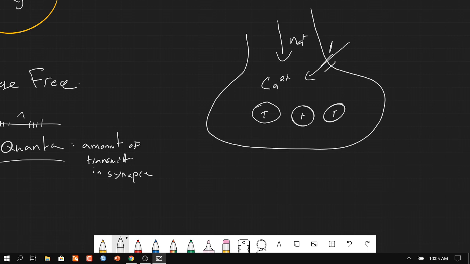By keeping our volatile chemicals in these little vesicles, as soon as the calcium comes in, the calcium binds to the vesicle. It's like rubbing the hair. All of a sudden, that vesicle has a charge, and it's going to look for a receptor. So I'll draw one down here that's attached.